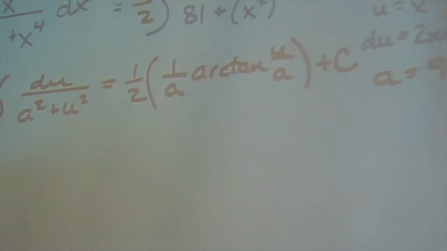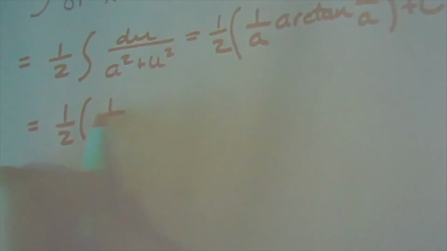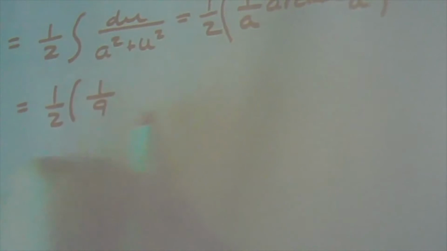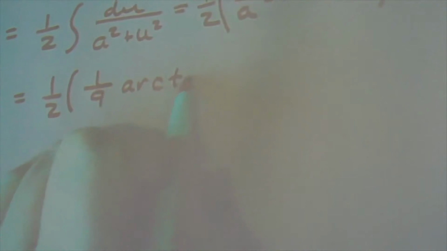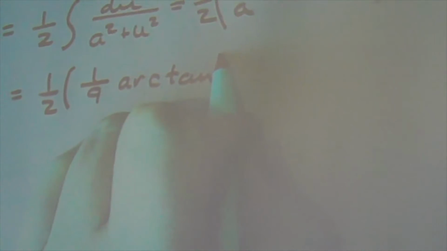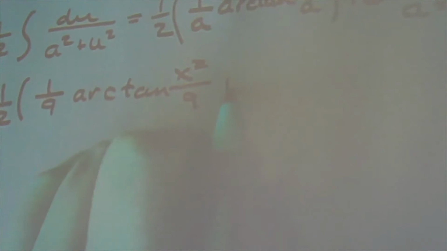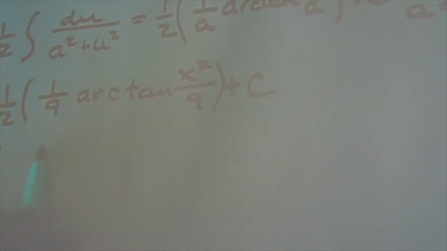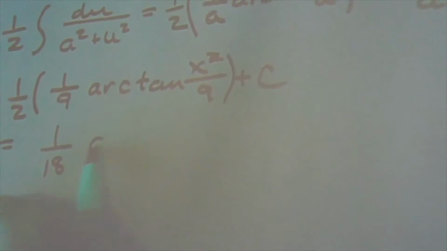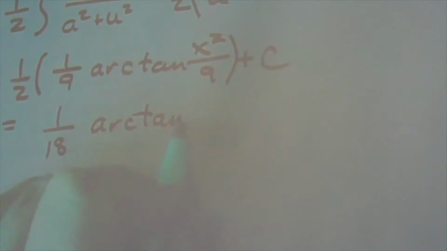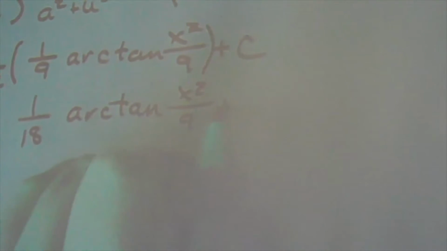So I got 1/2 times, 1 over a would be 1/9, arctangent of x squared over 9 plus c, which would give me 1/18 arctangent of x squared over 9 plus c.